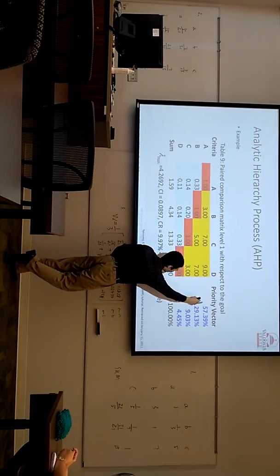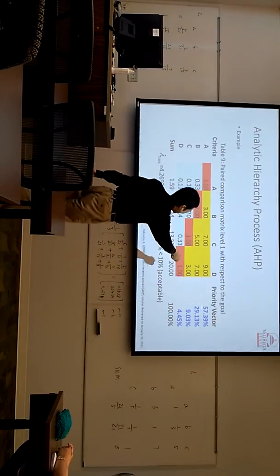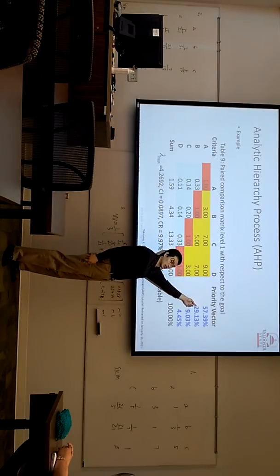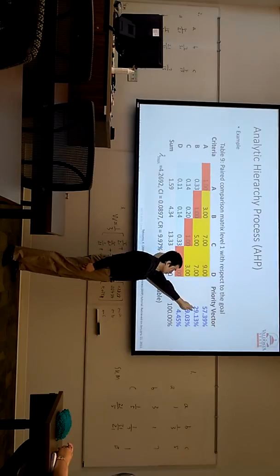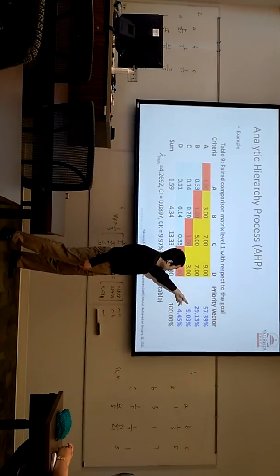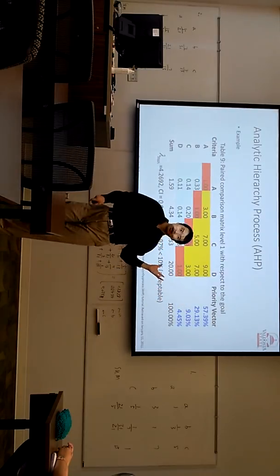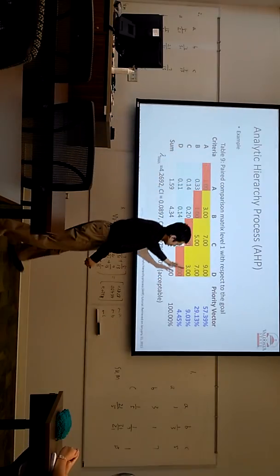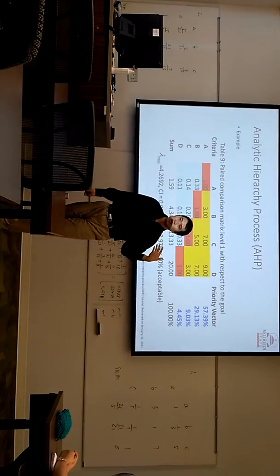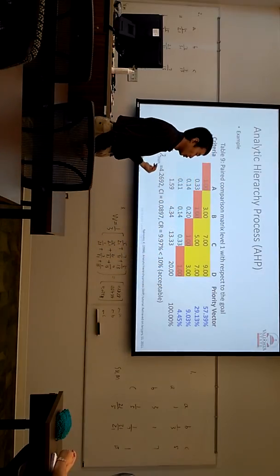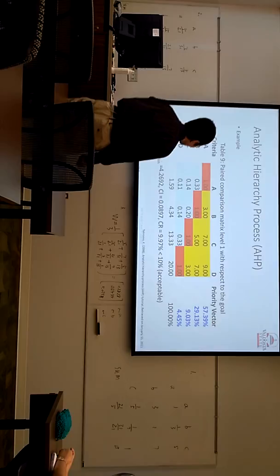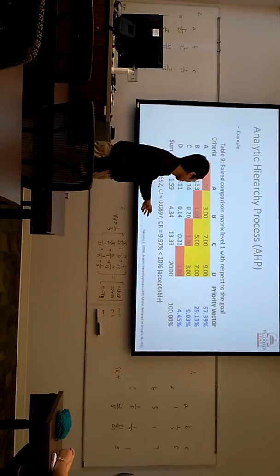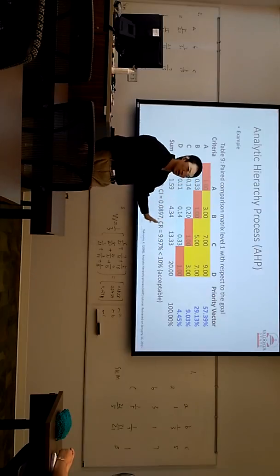Apparently, the first factor, criterion A, is the most important, followed by the second one. The third one and the fourth one are not that important. So we know which criterion is more important. That's our first step, and we did the inconsistency check. It's less than 10%. That's all.